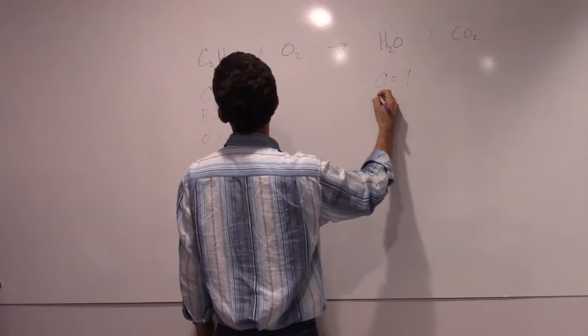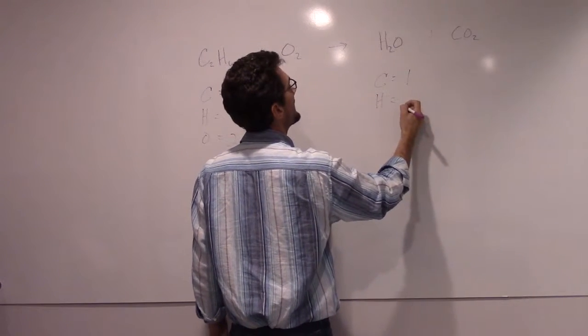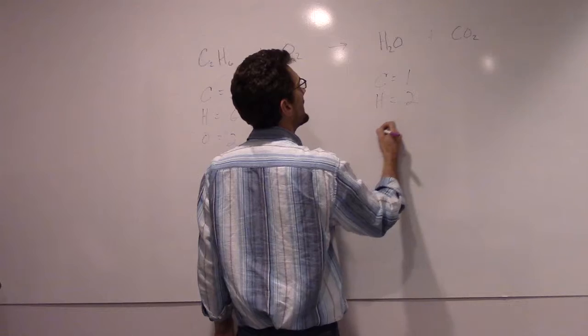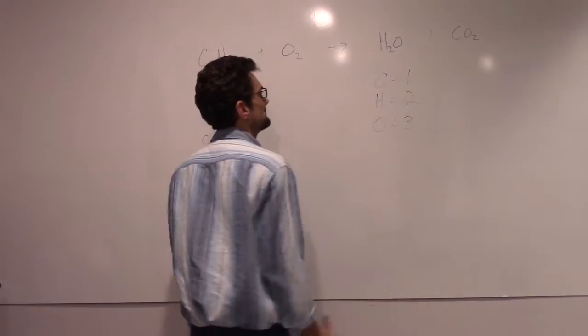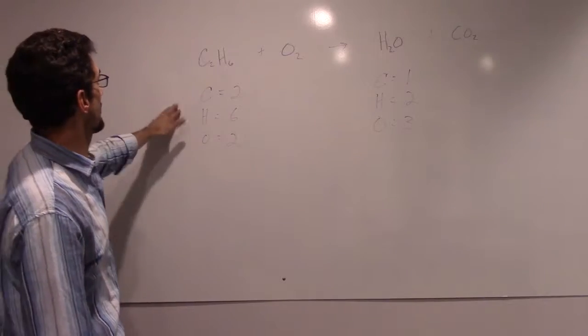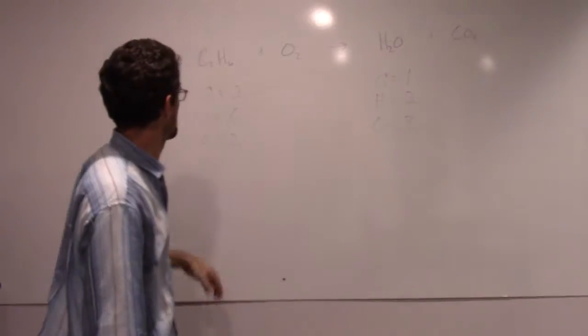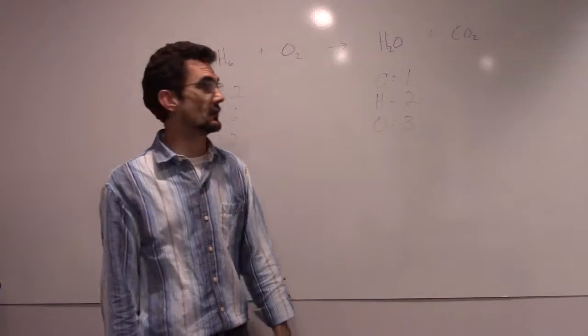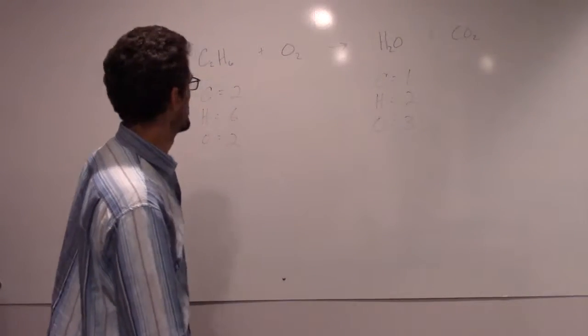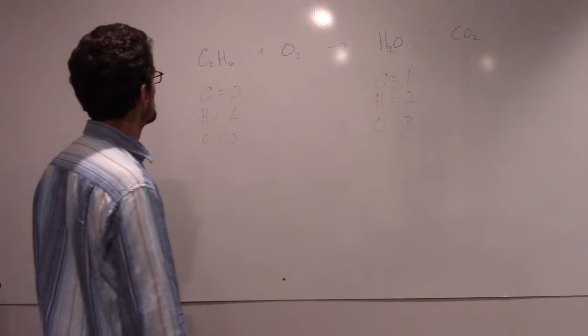Oh, that's sad. How many hydrogens do we have? 2. How many oxygens do we have? 3. Is it balanced? No, our carbons are off, our hydrogens are off, and our oxygens are off. We couldn't be more off if we had to, but that's okay. We will get it all under control.